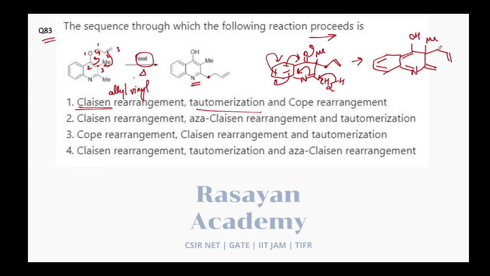Now you have the same possibility, Cope rearrangement, where all carbons are possible. All of the units are made of carbon. So this is 1,5-diene. For Cope rearrangement, you require the 1,5-diene, and for the Claisen, you require the allyl vinyl system. So just do the rearrangement, guys. You are going to have this very simple molecule.